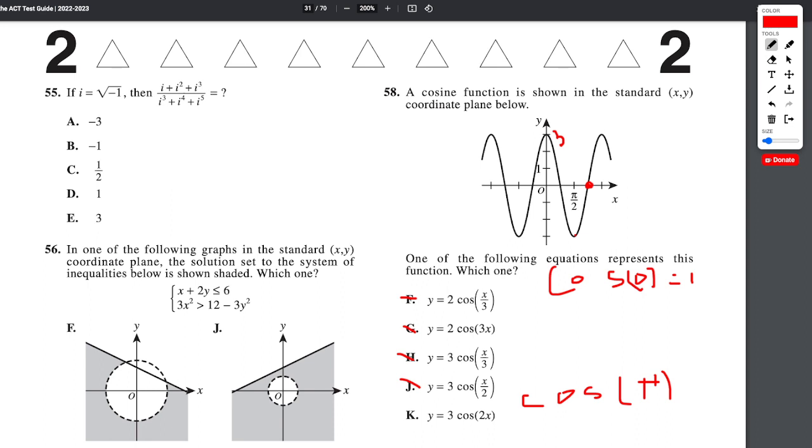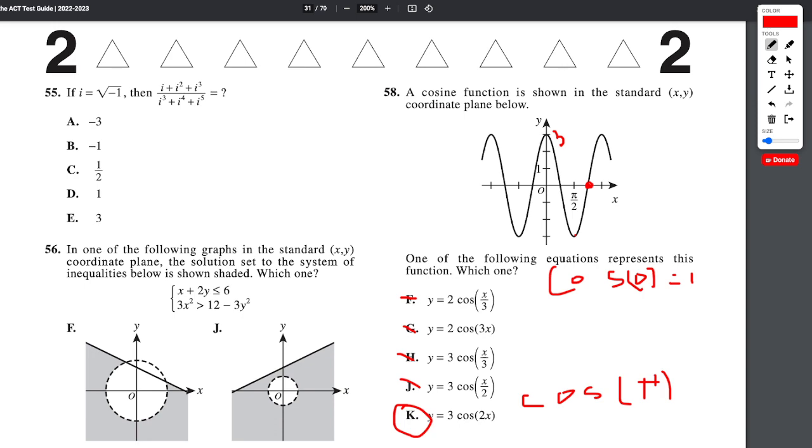These are going by pi over 4: 1 pi over 4, 2 pi over 4, this is 3 pi over 4. Either way, it's K. So you solved that problem.